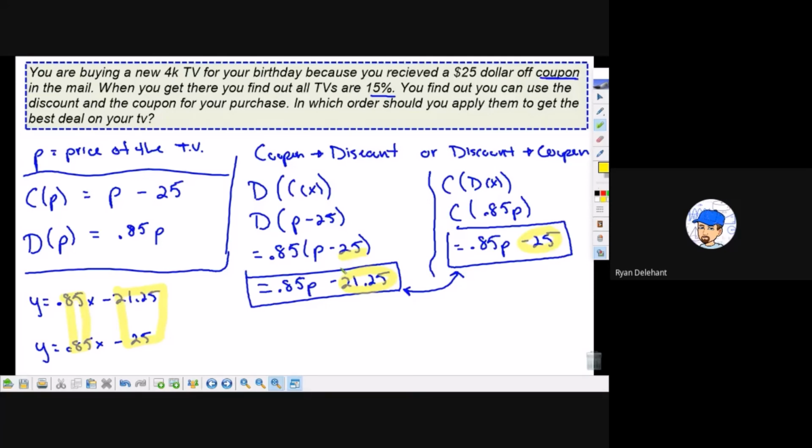We actually lost part of our coupon. We didn't get $25 off. We actually discounted our coupon as well. We ended up with 21 1/4 off instead of the 25 that the coupon promised, just simply because of the order we applied it. So some of the things that you can evaluate and look through, okay?